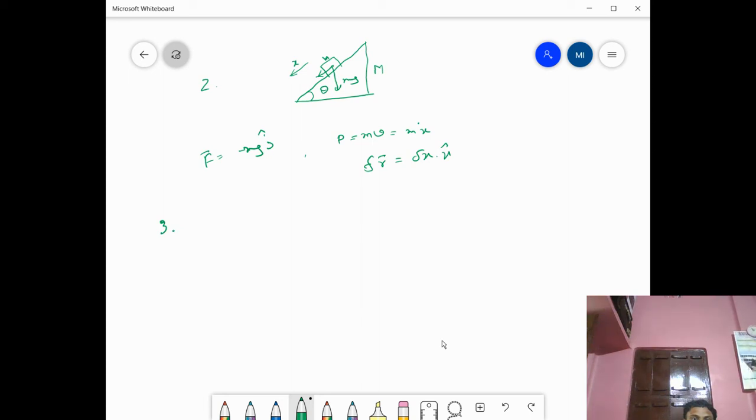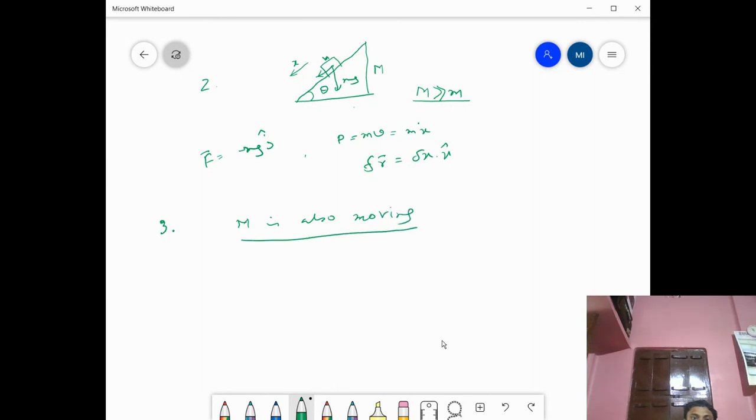Now you see, in case one, M is much larger than m, and in case two, M is also moving.